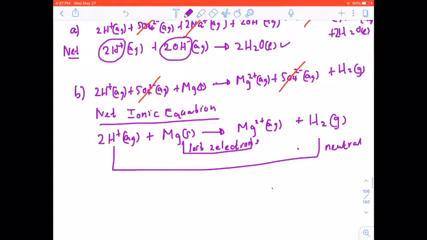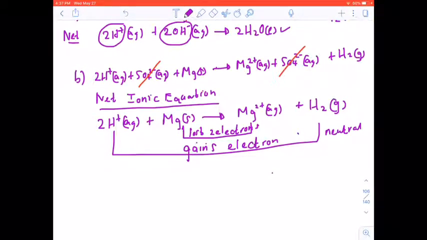And when something is plus and then it becomes neutral, we know that it gains electrons. So this gained, this gains electrons. Right, so this is clearly a redox reaction.